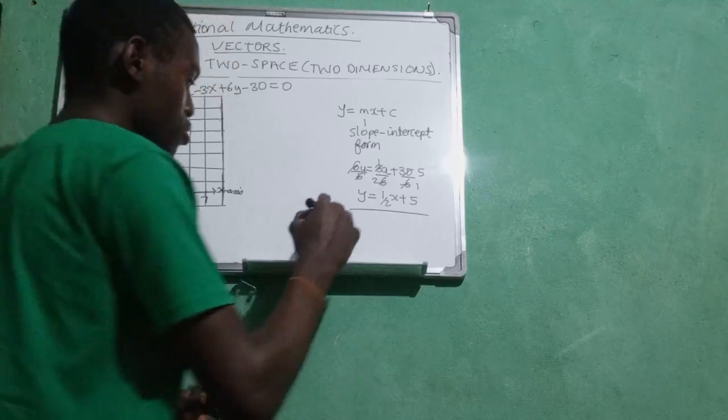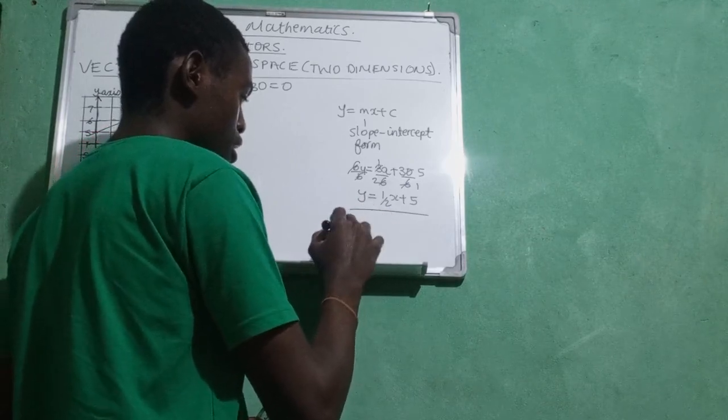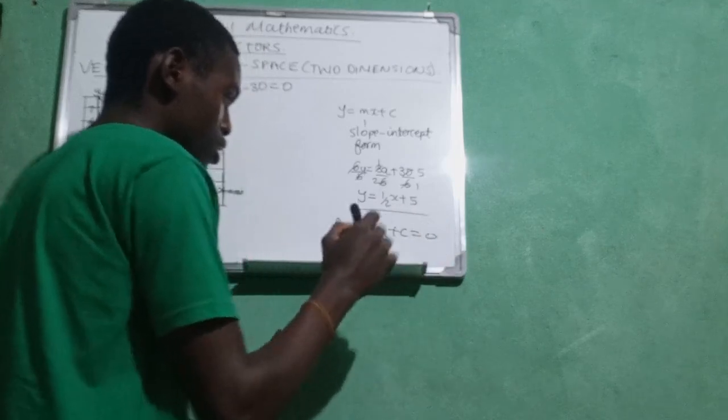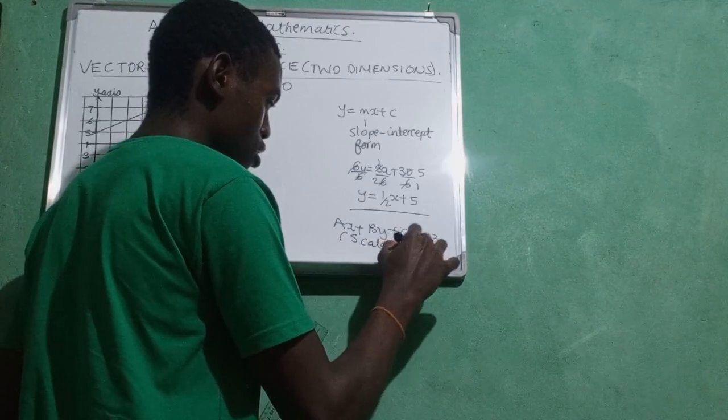Now, under vectors, we want to look at an equation in this format. This is ax plus by plus c is equal to 0, and this is called the scalar equation.